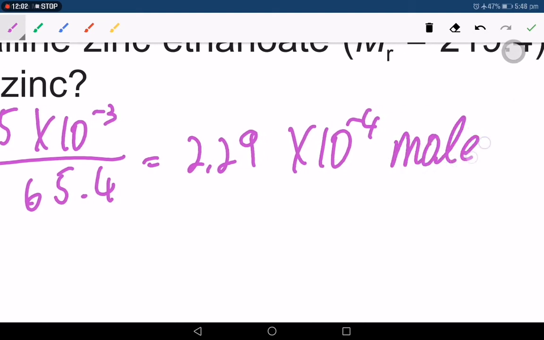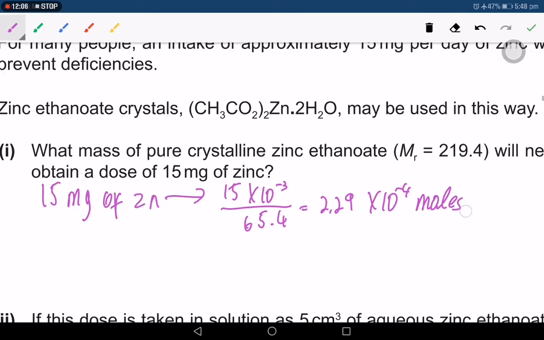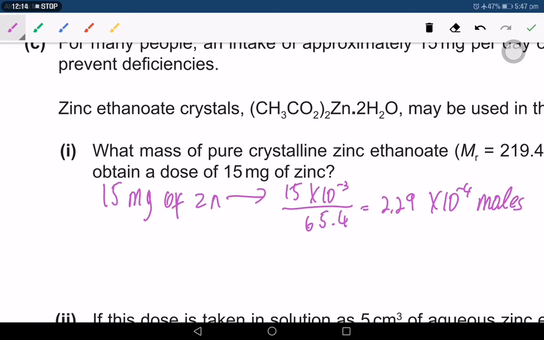So you need this much zinc every day. That's quite low actually, but you can see that for every 1 mole of zinc ethanoate you eat, you get 1 mole of zinc. So if you want 2.29 times 10 to the power negative 4 moles of zinc, then you must eat the same amount of zinc ethanoate.